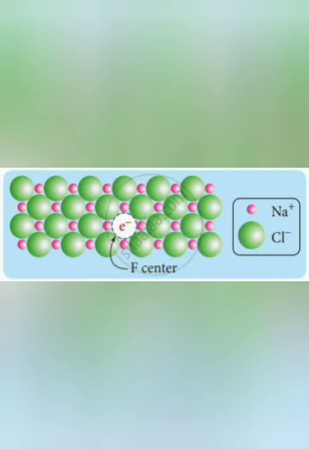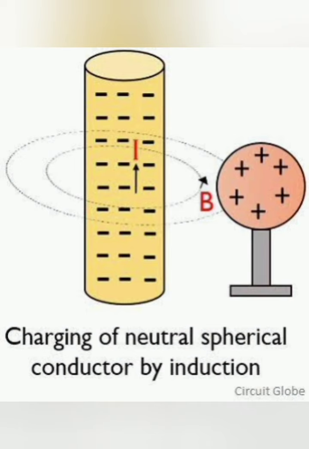If we supply some electrons to a neutral body, neutral being 0, the body gets charged. It has a negative charge, because it acquires an excess of electrons. Consequently, the body attains a negative charge.